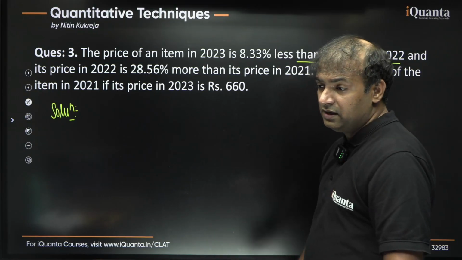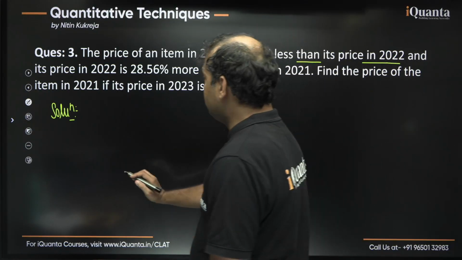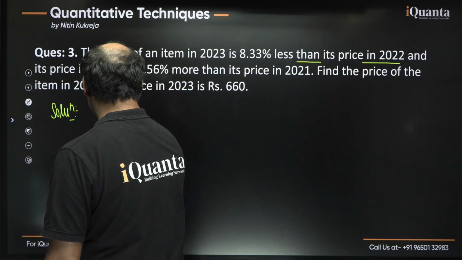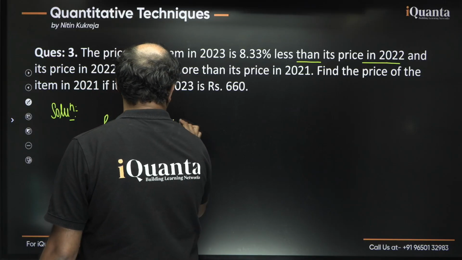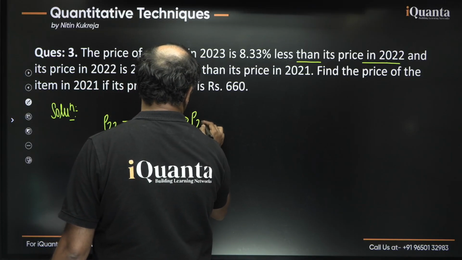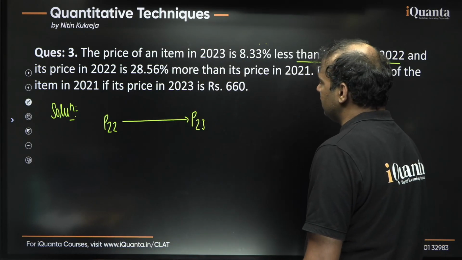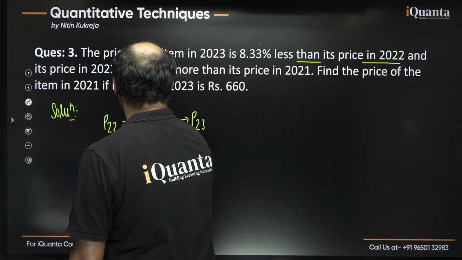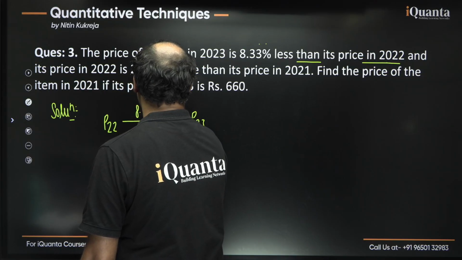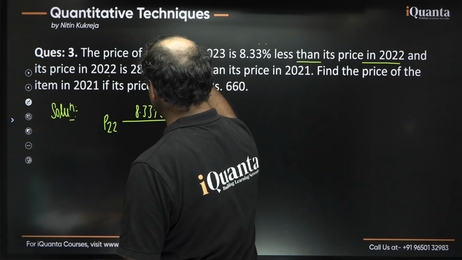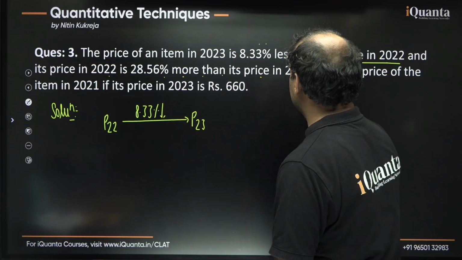That means the price in 22 should be the initial value, right? The price in 22 is the initial value, and the price in 23 is the final value. And the price in 23 is how much less than the price in 22? We can say 8.33% less, right? The second relation given is that the price in 22 is 28.56% more than in 21, right?